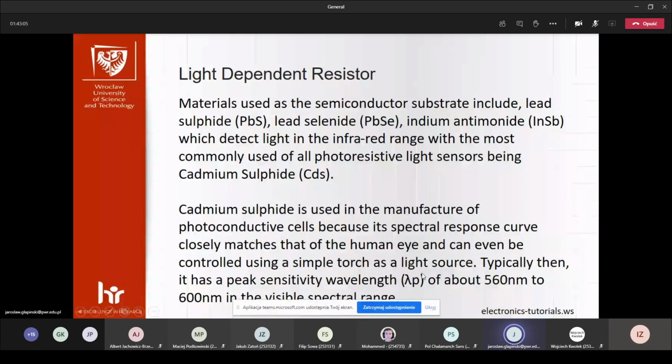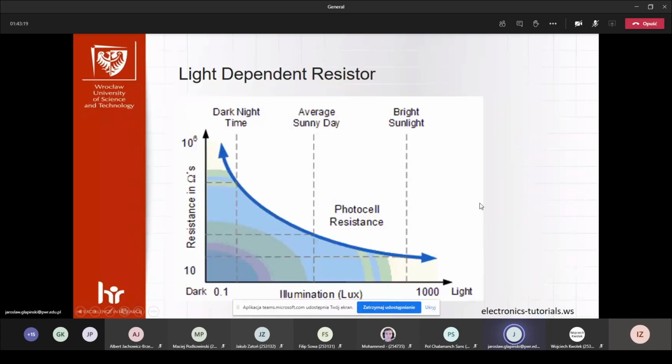Typically they sense wavelengths between 500 and 600 nanometers. This is part of the visible spectrum, but it's enough to sense this. There is a correlation between the resistance of these elements and the illumination: if we have more light, we have lower resistance of this element.